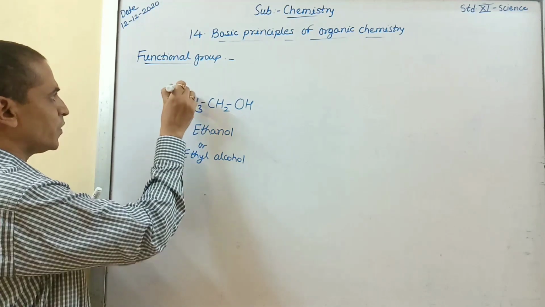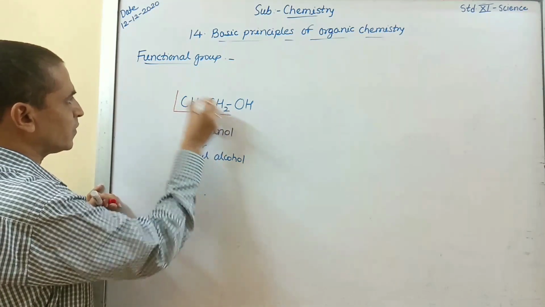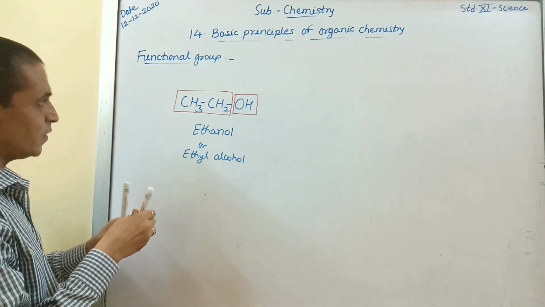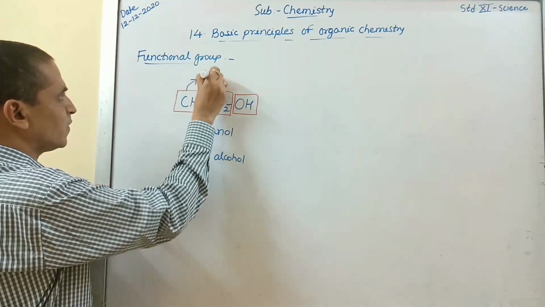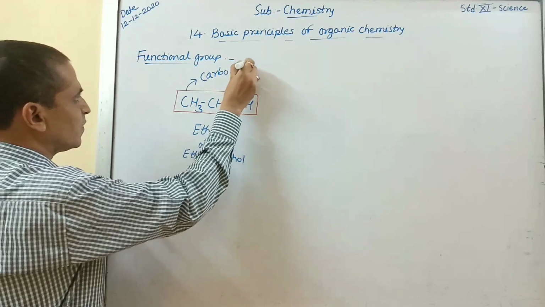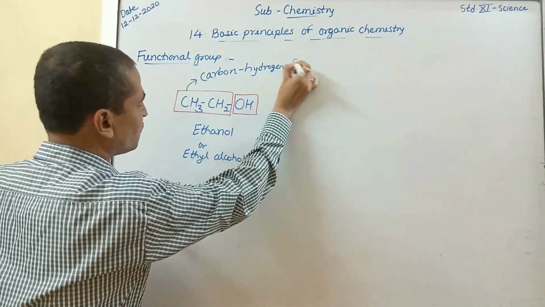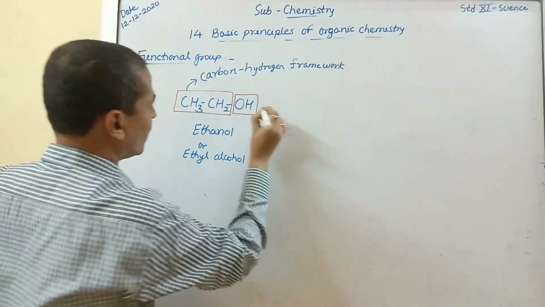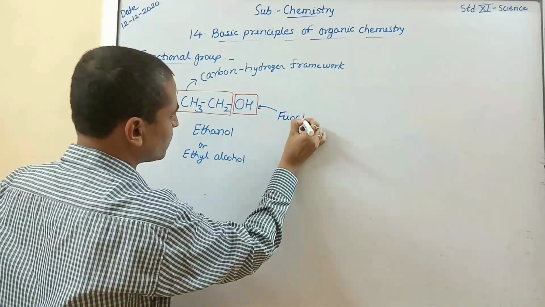You know that every organic compound has two parts. One part is called the carbon hydrogen framework, and this other part is called what? Functional group.